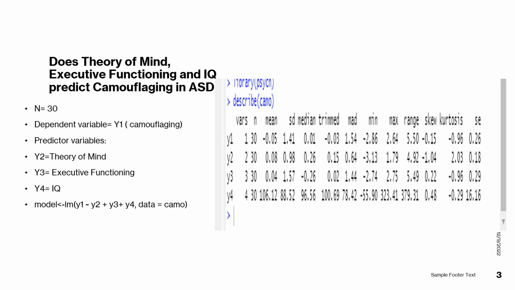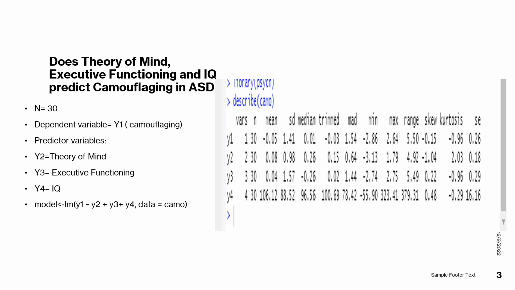So given the data, what we're trying to do is look at whether theory of mind, executive function, and IQ predict camouflaging in children with autism. To your right, you can see the basic descriptors I ran on my data, and we had 30 participants.